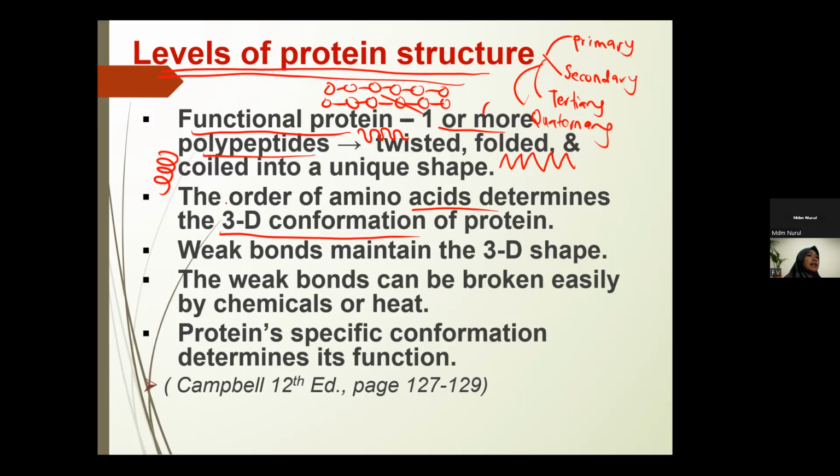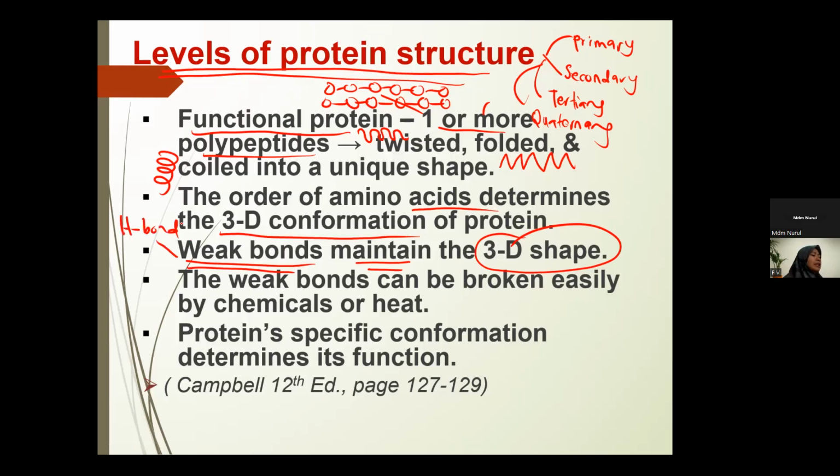Susunan amino acid akan menentukan bentuk 3D sesuatu protein. Okay, nanti kita tengok. Alright. So, the 3D shape of the protein is maintained by weak bonds. Bentuk 3D sesuatu protein dikekalkan bentuknya oleh ikatan-ikatan yang lemah. Okay, contoh antara ikatan yang lemah paling senang hydrogen bond.